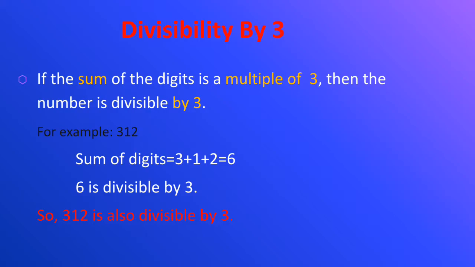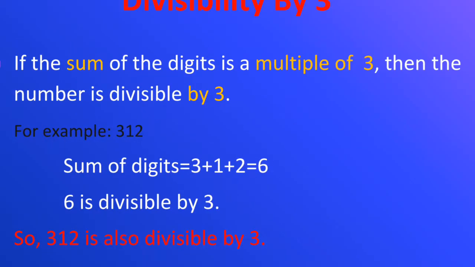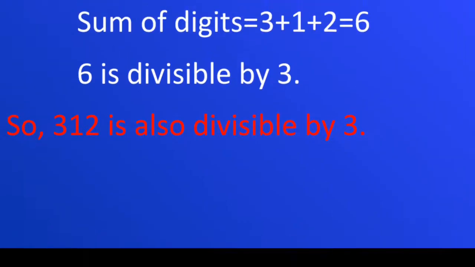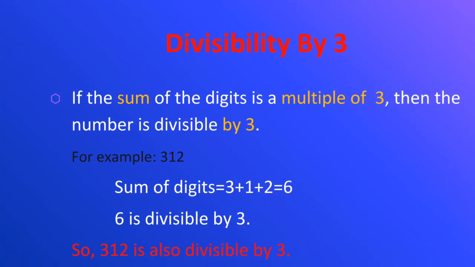I repeat, 312, sum of digits 3 plus 1 plus 2, you are getting 6. 6 is a multiple of 3, so 6 is divisible by 3. Therefore, 312 is also divisible by 3.